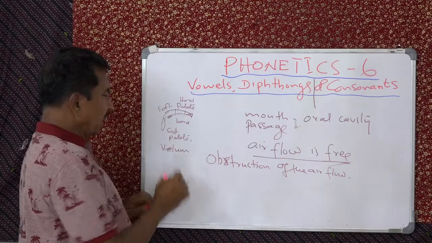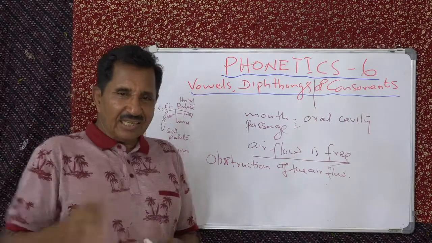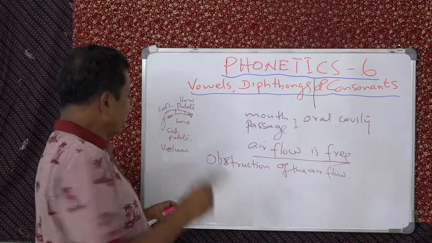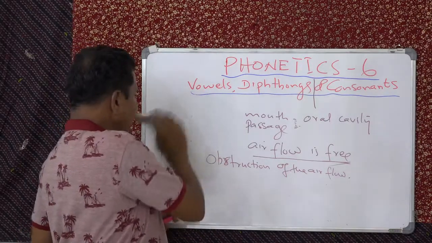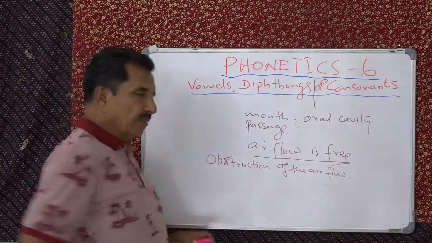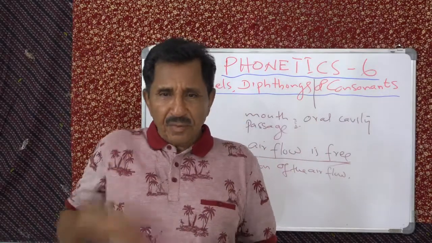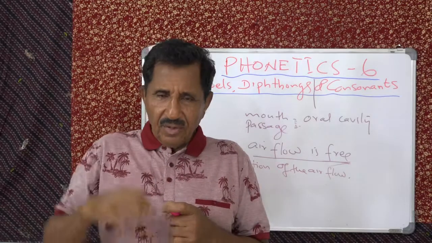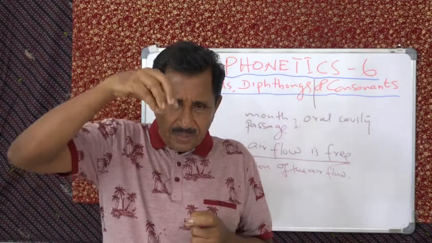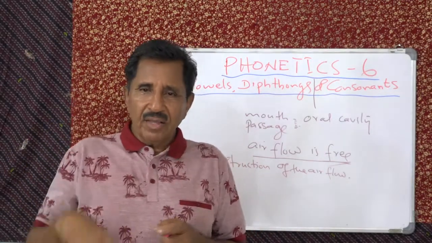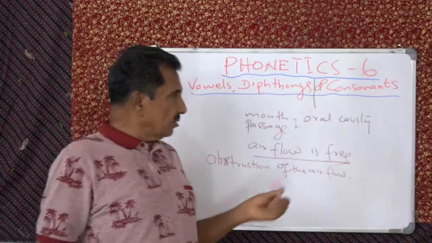V-E-L-U-M, velum. Now we will see all these things in detail later, but for the time being I just want to tell you this much: the airflow is obstructed at different places in the oral cavity when you produce a consonant sound.